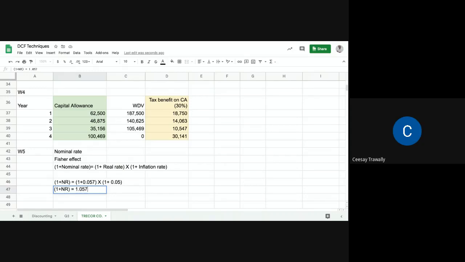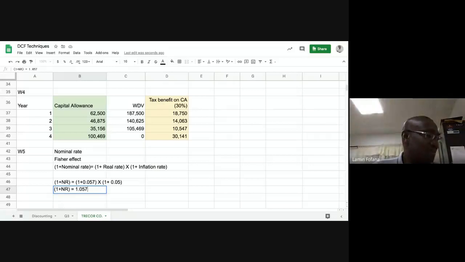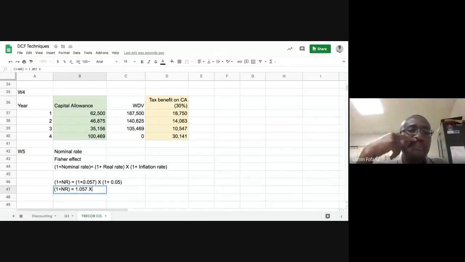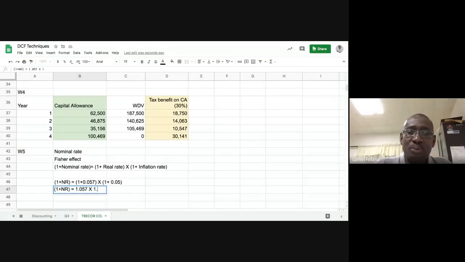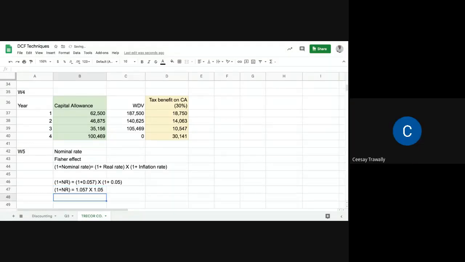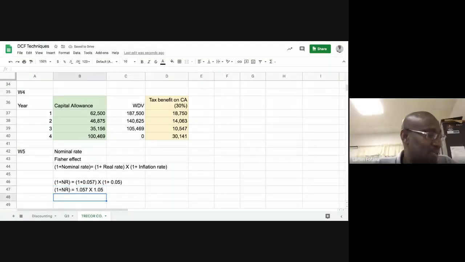Okay, so 1 plus NR is equal to 1.057 multiplied by, what is 1 plus 0.05? 1.05. Excellent. Okay, good. So we are breaking it down bit by bit.